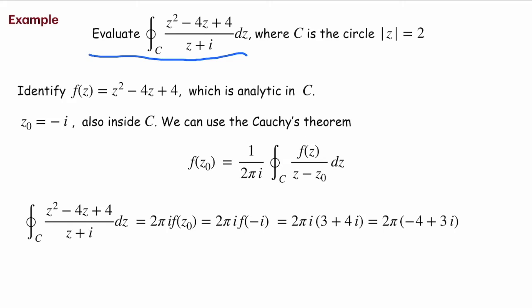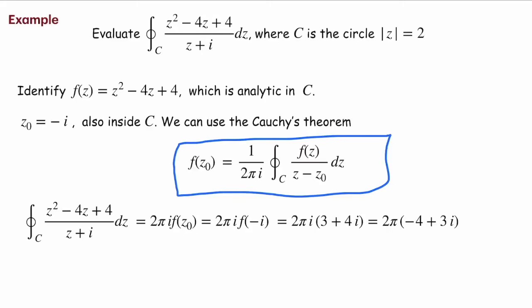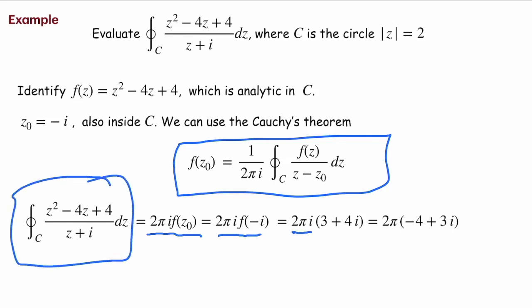Now we can use Cauchy's theorem and evaluate the integral, because we know that the value of the integral divided by 2 pi I is equal to f of z naught. Let us evaluate the function f of z naught, where z is equal to minus I, then multiply it by 2 pi I, and we get the value of this integral. So we have 2 pi I into the value of the function, which is 3 plus 4I, resulting in the value of 2 pi into minus 4 plus 3i.